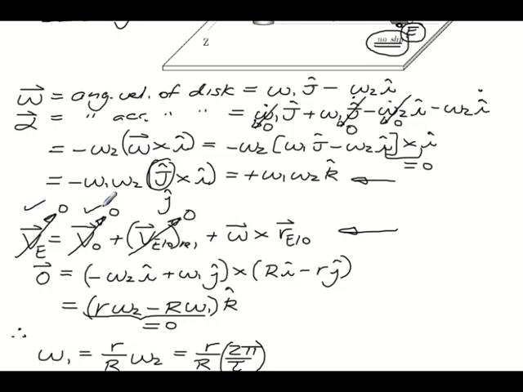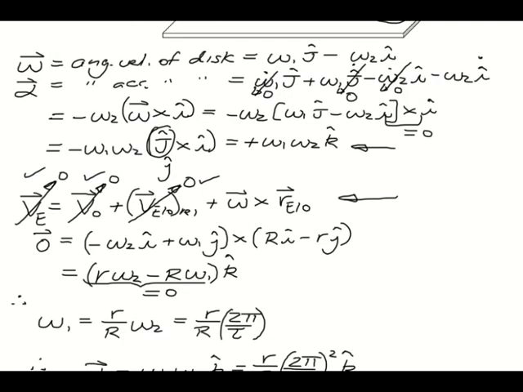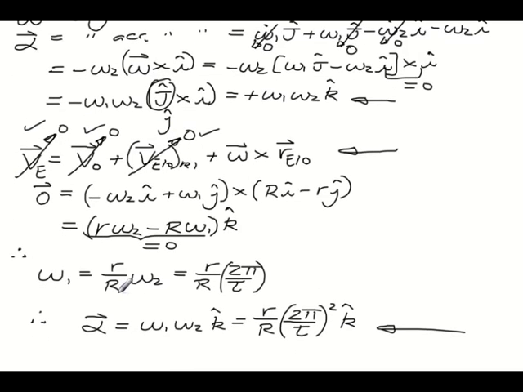O itself is a fixed point, and since E is on the same rigid body as our observer, the relative term is also a zero. So all that's left is omega cross r is a zero. So we took an expression for omega, we crossed it with r, and we found the relationship between omega 1 and omega 2. We used the known information to find omega 2 and substituted that all back in to get that.